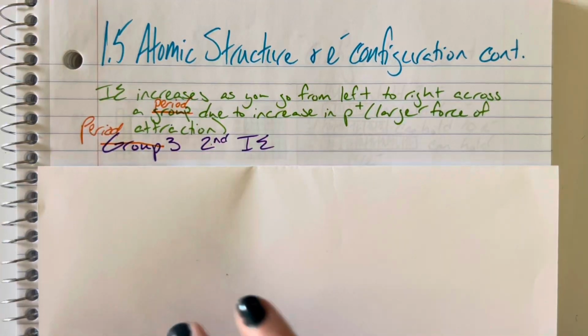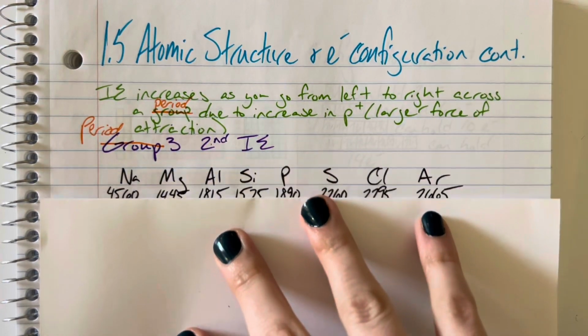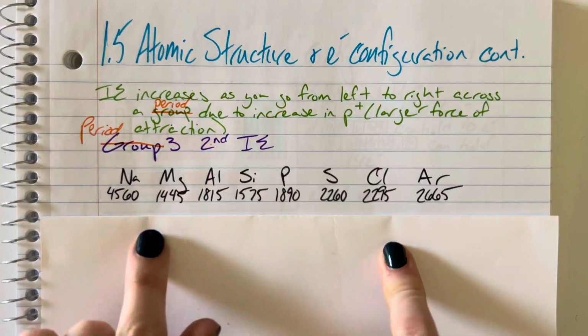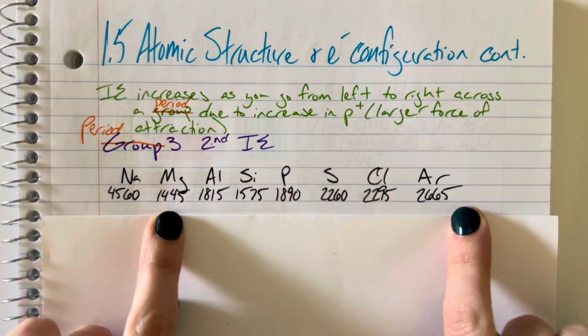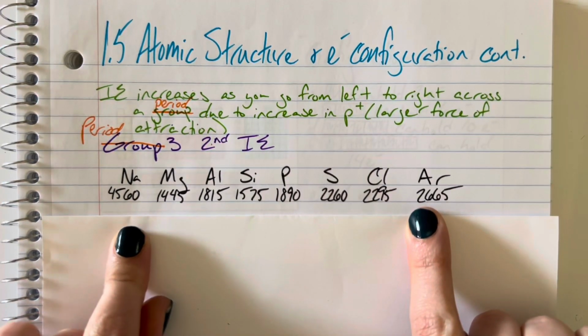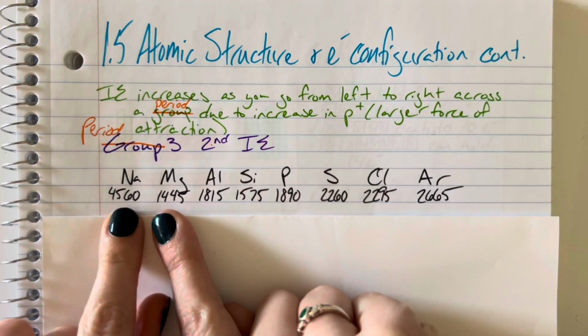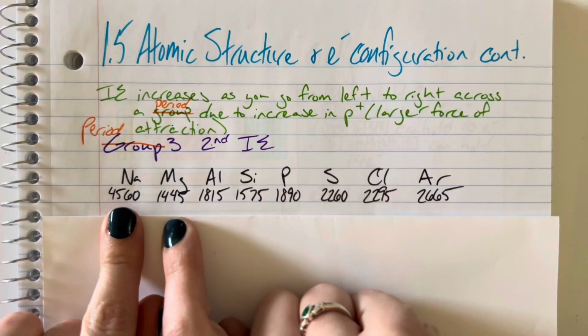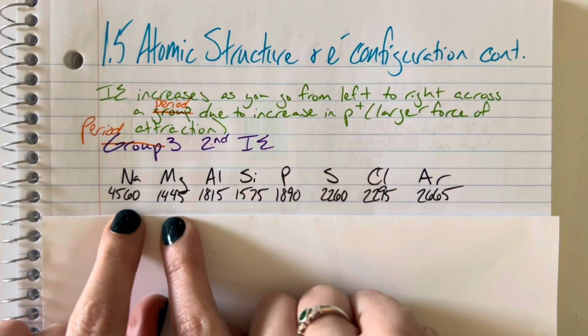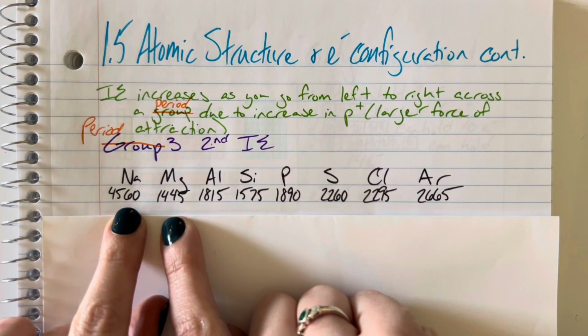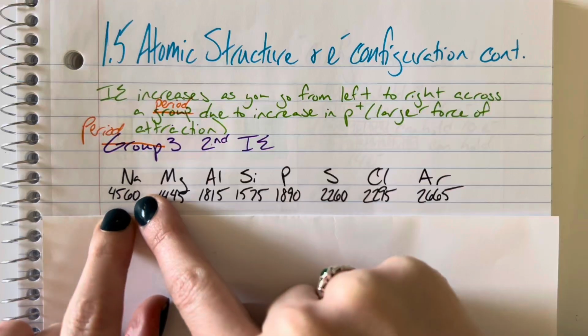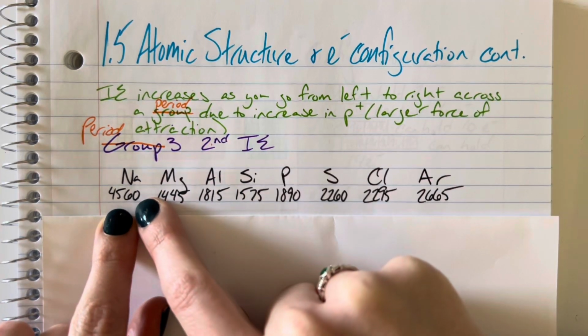And for period 3, the second ionization energies, you can see that we have some interesting things going on here. So sodium only has one valence electron. So its second ionization energy, we are now stealing from inner electrons. So we have a major jump up from what we had before.